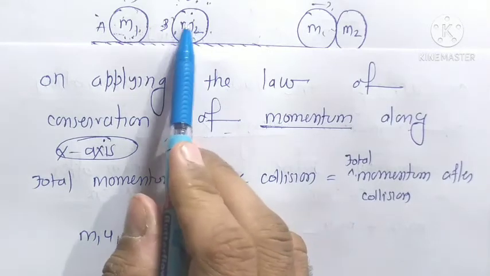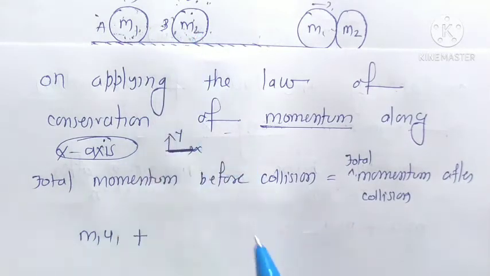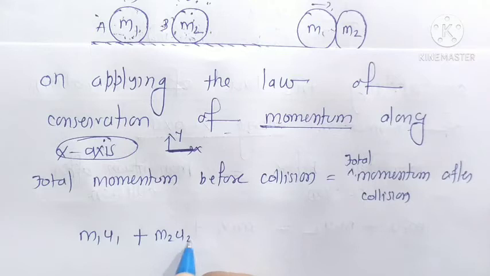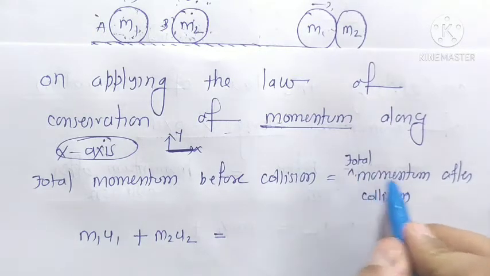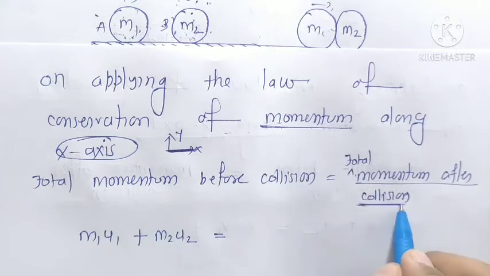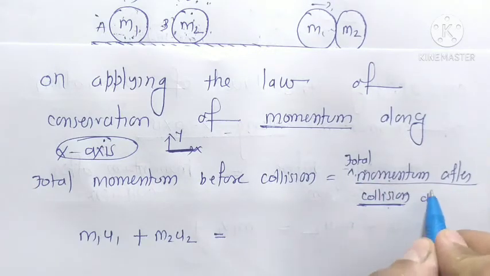The second body has mass m2 and is at rest, so m2 u2, but we put u2 equal to 0. And this equals the total momentum after collision along the x-axis.